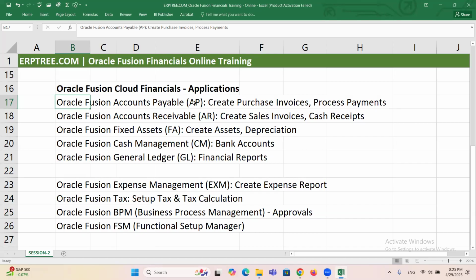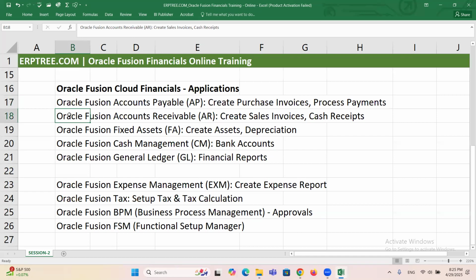We have to create and maintain the bank accounts. When you create a purchase invoice, you create it against the supplier. When you make the payment, you use the bank account. So you have to keep these kinds of setups ready. Then only can you process the transaction within the application.